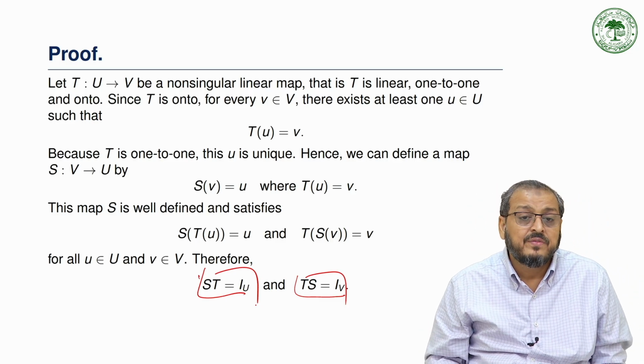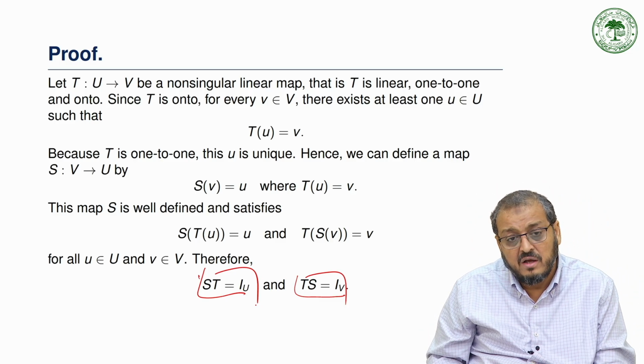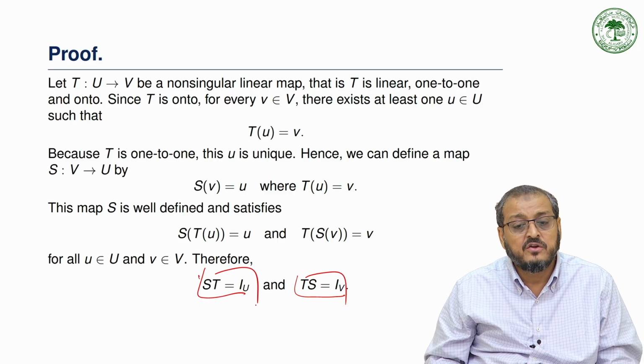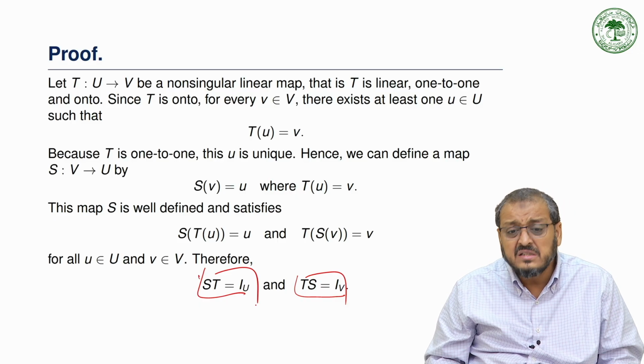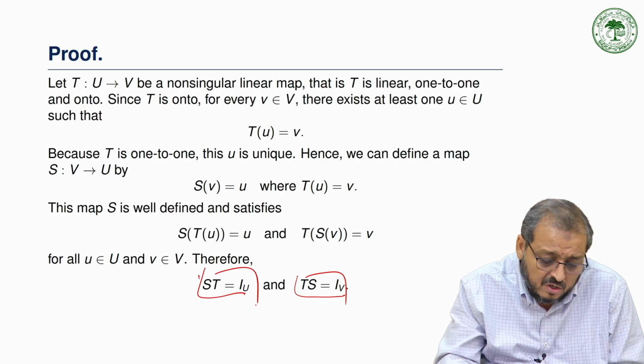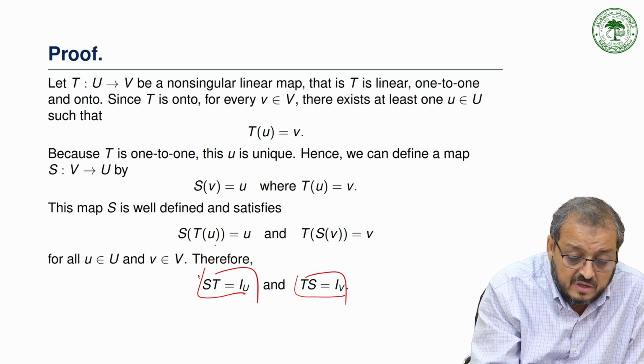If T is a one-one and onto map, then ST is equal to the identity on U, and TS is also the identity on V, or we can prove this part as a previous result.